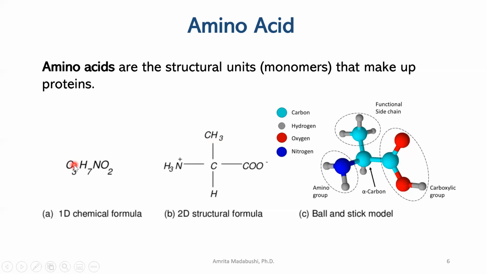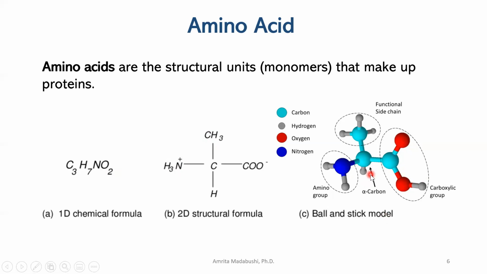Now to interpret 1D is really easy. You're just going to combine the information of how many C's, how many H's, and how many N's and O's there are and put it together. That's the one-dimensional or 1D chemical formula. And then there is a ball and stick model in which carbons are represented by a cyan color, blue is the nitrogen, red are oxygen, and then there are hydrogens.